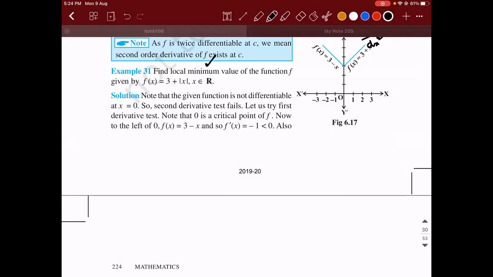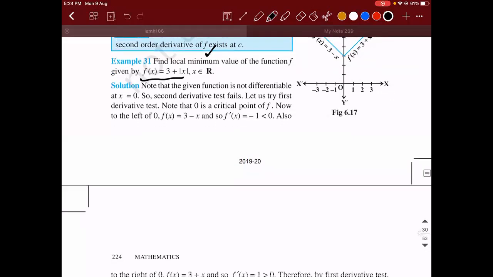The function given here is f of x is equal to 3 plus mod x. You need not follow differentiation at all for this kind of simple problem. Since this time it is luckily an MCQ, you can solve it using logic also. If you look at it graphically, I'll ask certain questions, answer them, and you'll get your answer.